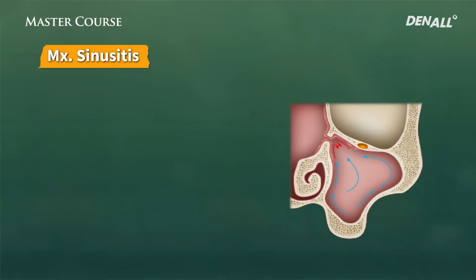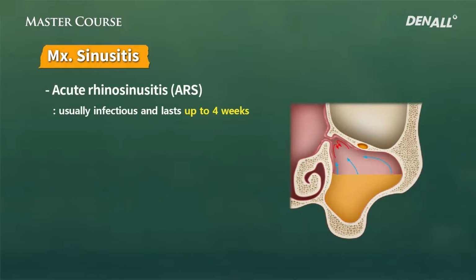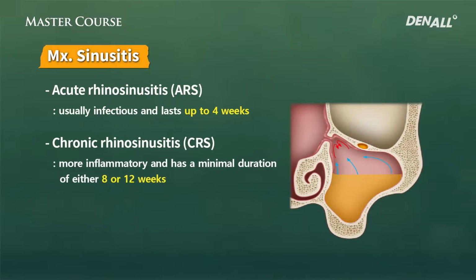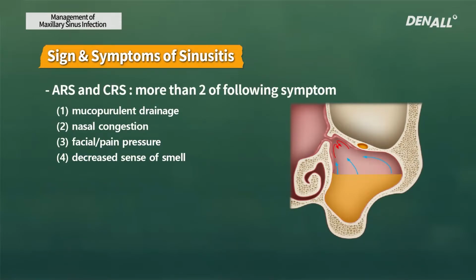Sinusitis can be divided into two categories. First is acute rhinosinusitis or ARS, which occurs within 4 weeks of surgery. Chronic rhinosinusitis is where it lasts for over 8 weeks. If there are more than 2 symptoms, you can suspect sinusitis.